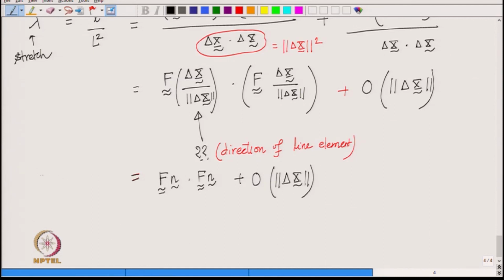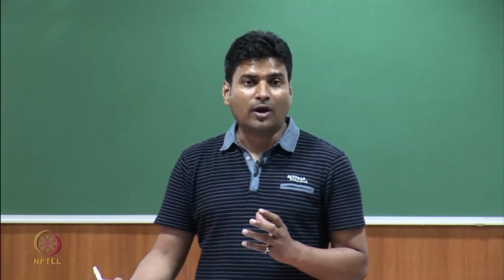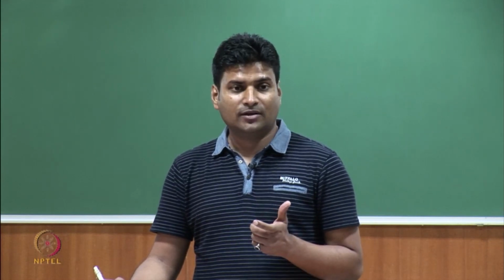And that is your lambda square at the point x and for the line element with direction n, all right. And you remember our goal that we want to derive it in terms of the displacement.